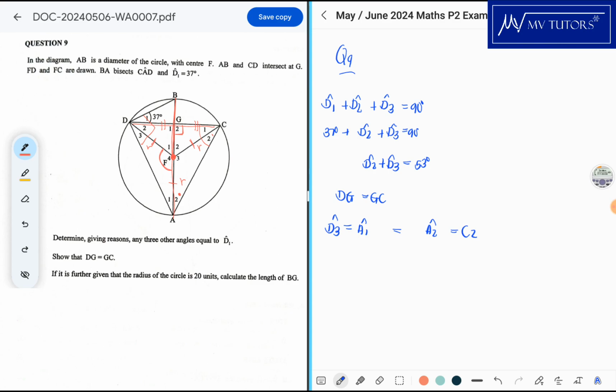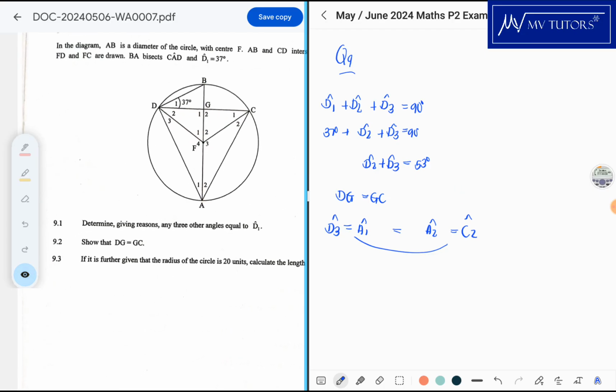Okay, so yeah. And then what else? BA, so the diameter BA bisects angle A at CAD. So we know that A1 is then equal to A2, and they are equal to D3 and C2 and all of that. Okay, and D1 is 37 degrees. Yes, we've already seen that.